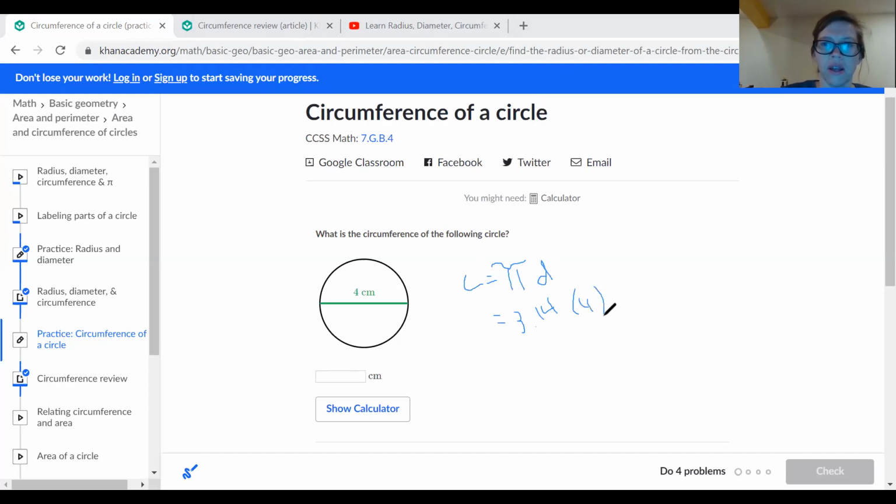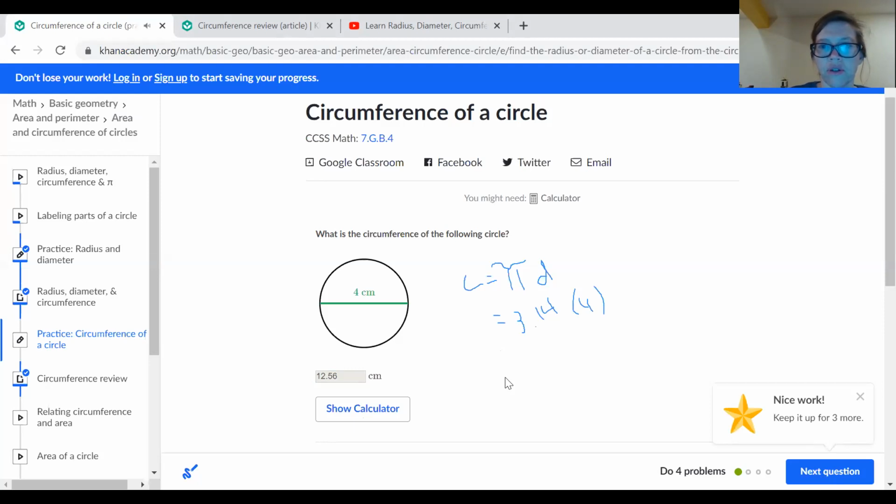Go ahead and do that and see what you get. All right, so 3.14 times 4, hopefully you calculated that. I got 12.56 centimeters. Let's see what you got. That is correct.